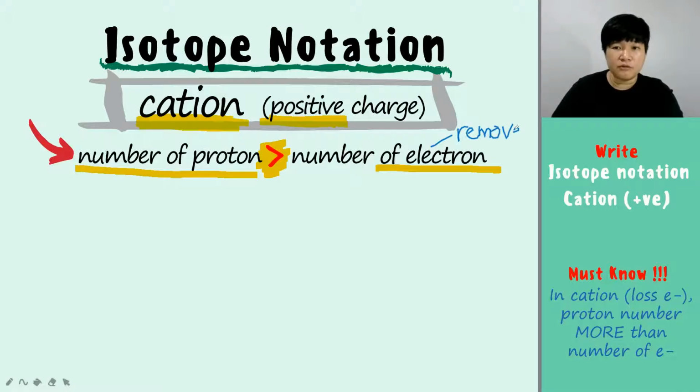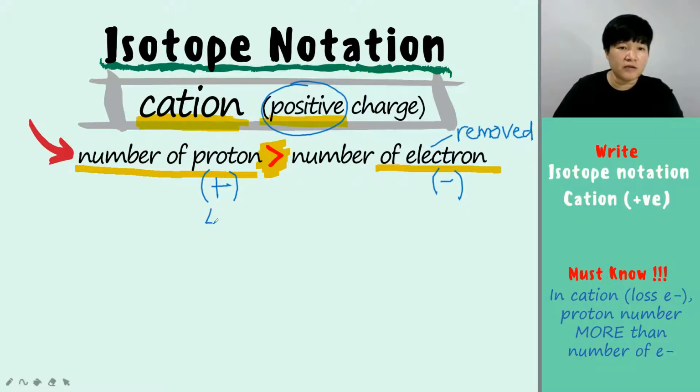So when you remove electrons, your number of protons will automatically be higher than the number of electrons. Simple, because protons bring positive charge, while electrons bring negative charge. And I want the total of my charge right now to be positive. Therefore, protons must be higher than electrons.